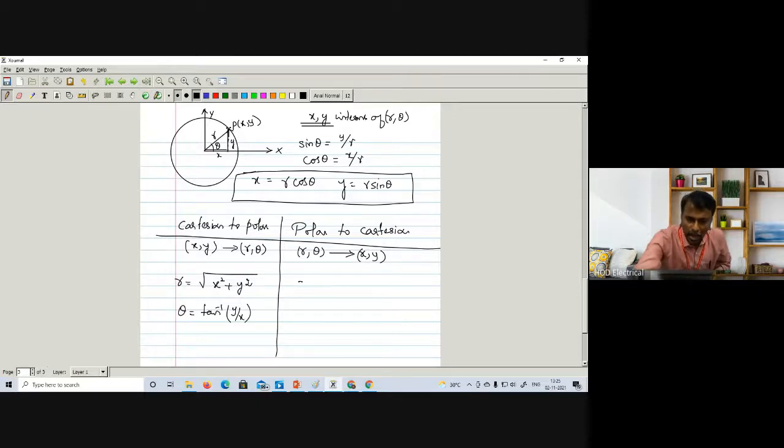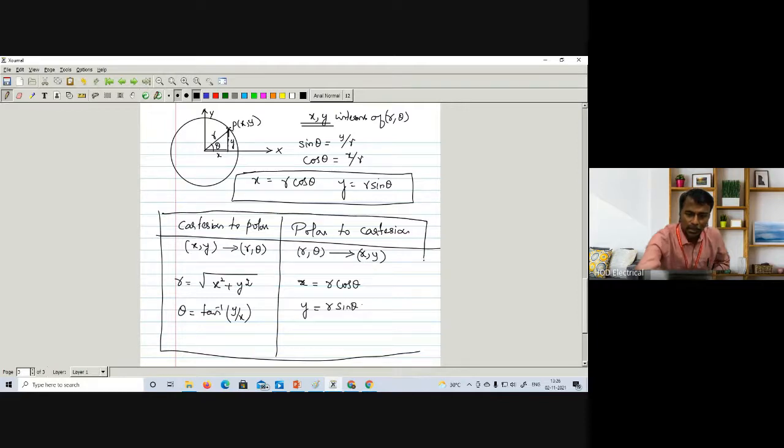Then here x equals r into cos theta, and y equals r into sin theta. So these are all the formulas which will help us to convert Cartesian to polar or polar to Cartesian.